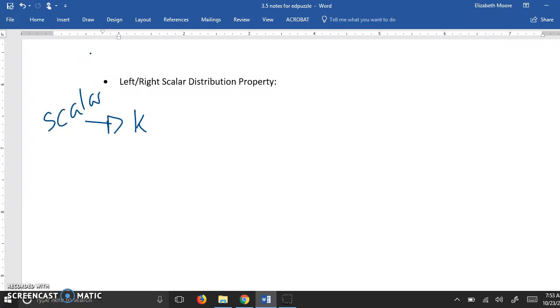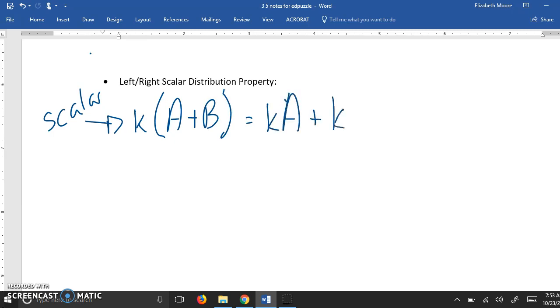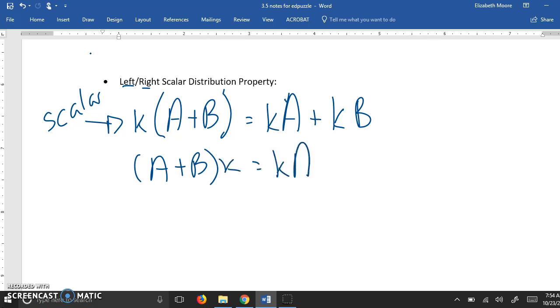And we are going to distribute that to matrix A plus matrix B. Then I can distribute it like this: the scalar times matrix A plus that scalar times matrix B. Okay? And so left or right scalar distribution, if I put the scalar on the right-hand side, it's not going to change anything. I'm still going to have k times A plus k, which is the scalar, times matrix B.